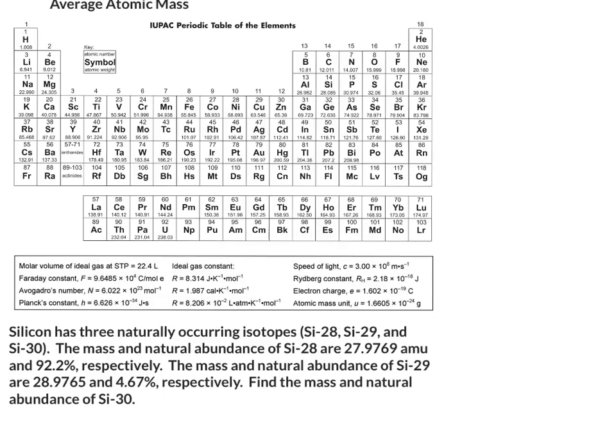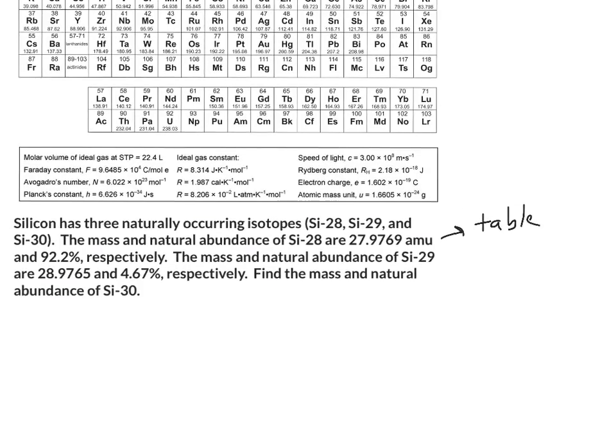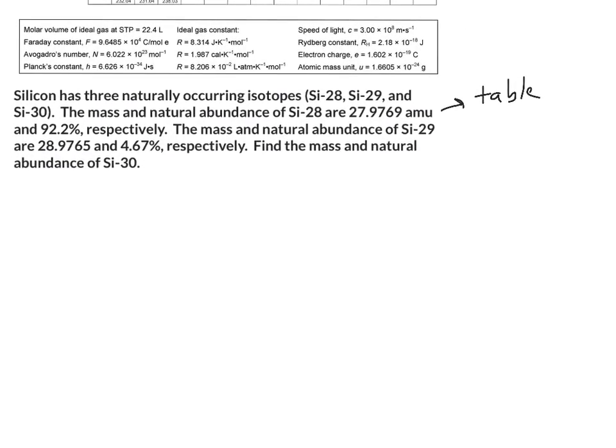Okay. This type of problem, if you take all of the language, usually if you make it into a table, that will make solving this type of problem a little easier to view. So we have silicon 28.